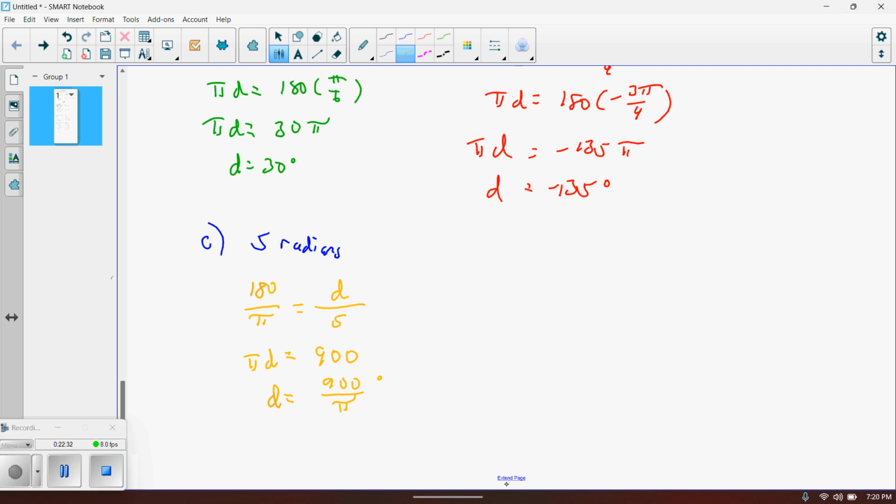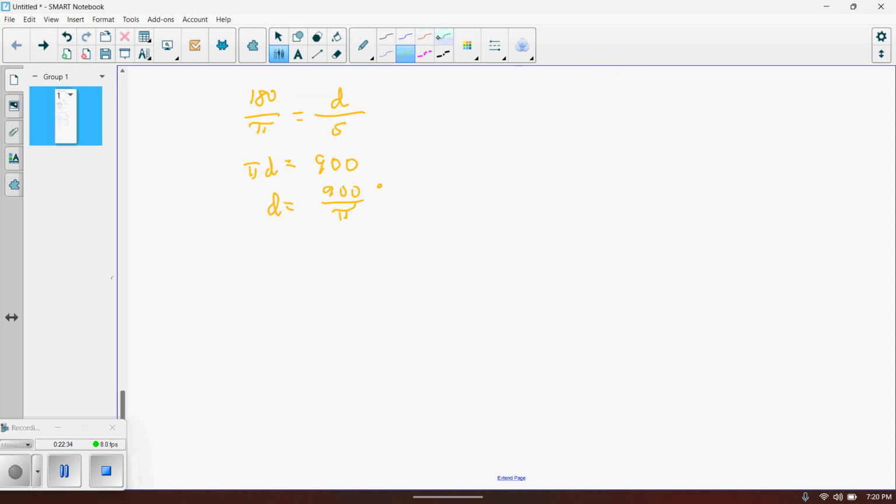Remember that our formula for arc length was S equals r theta, where S represents the arc length, r is the radius, and theta is the angle, measured in radians. So really you could solve for any one of those three things as long as you have the other two pieces.